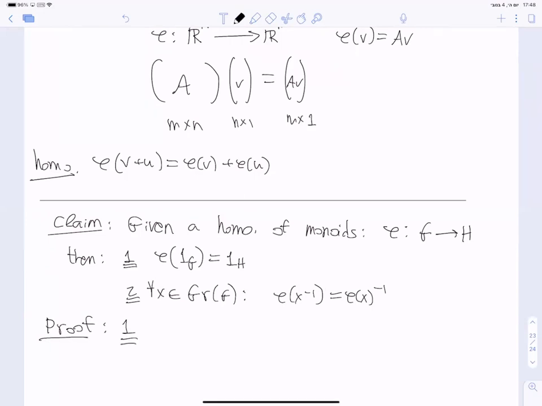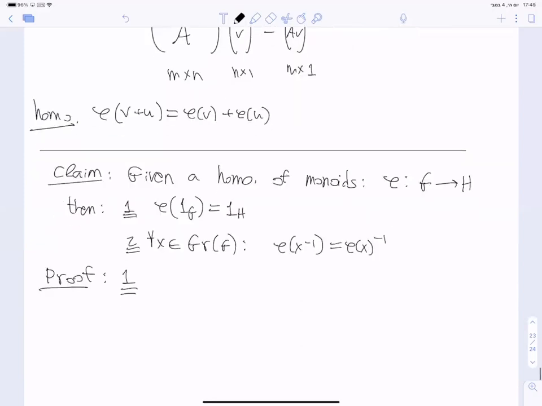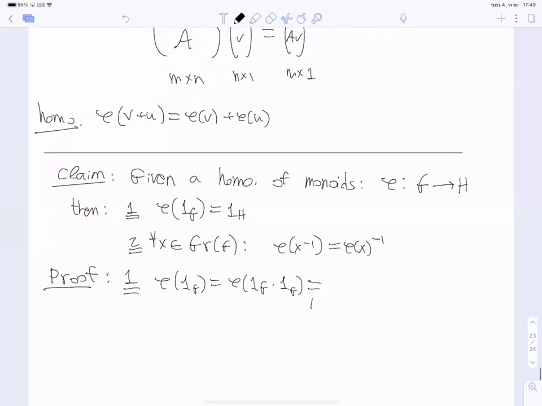So for the first property, we have seen this in linear algebra, because phi of 1G is like phi of 1G multiplied with 1G, because one doesn't do anything, it's neutral, but it is a homomorphism. So it's phi of 1G squared.